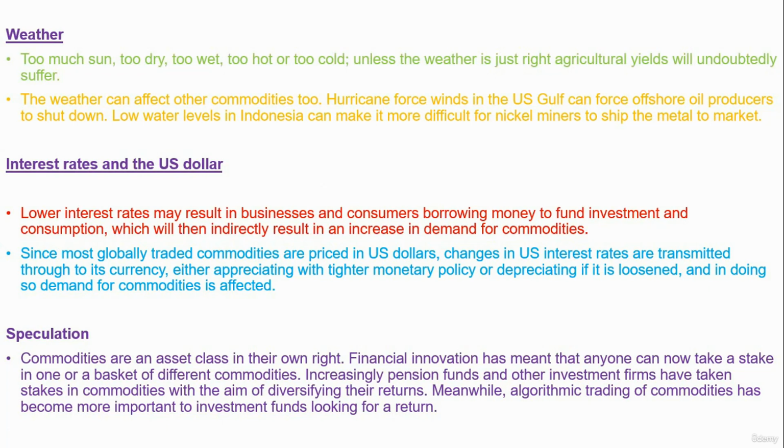So changes in US interest rates are transmitted through its currency, either appreciating with tighter monetary policy or depreciating if it's loosened, and in doing so the demand for the commodity is affected.